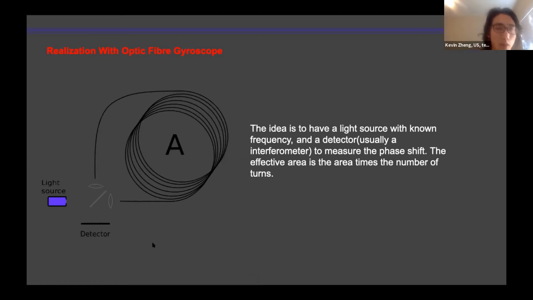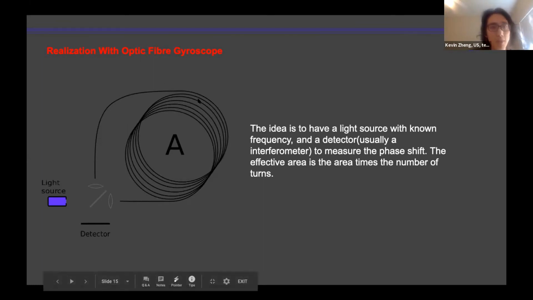So how do we use this Sagnac effect with a device? We propose that we can realize it with an optic fiber gyroscope, which is quite mature equipment, but unfortunately it's quite expensive.